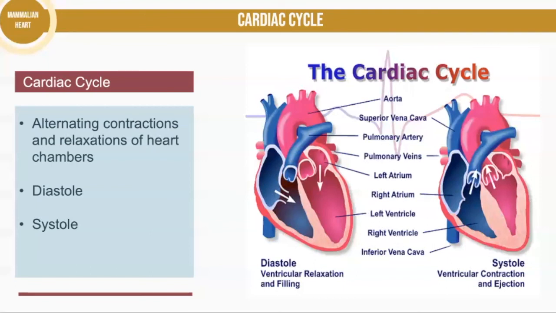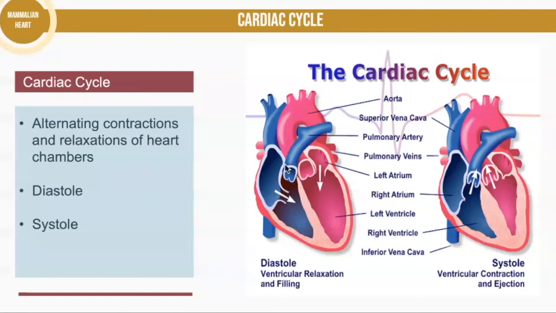Okay, so the next overarching principle is that your atrioventricular valves, the valves in between atrium and ventricle, will open when atrial pressure is higher than the ventricular pressure, and close when the pressure gradient is reversed.